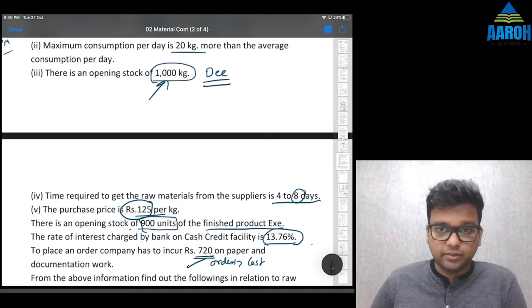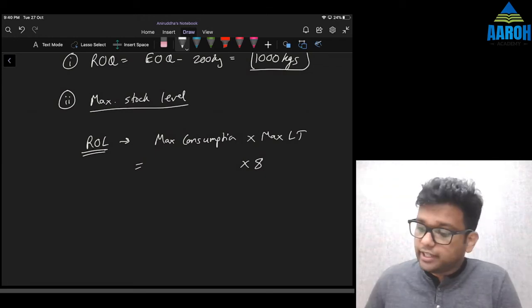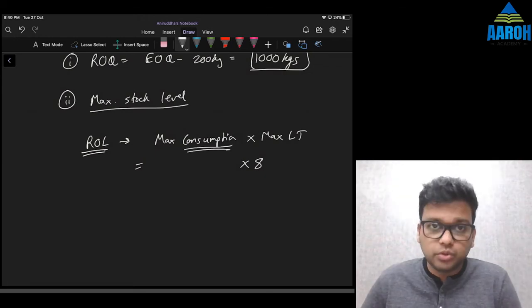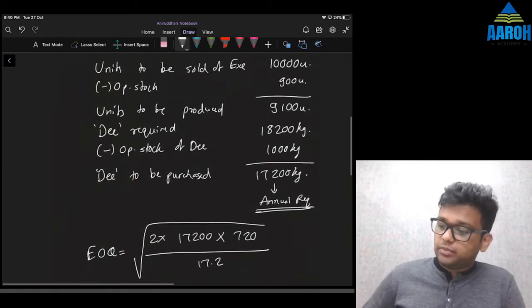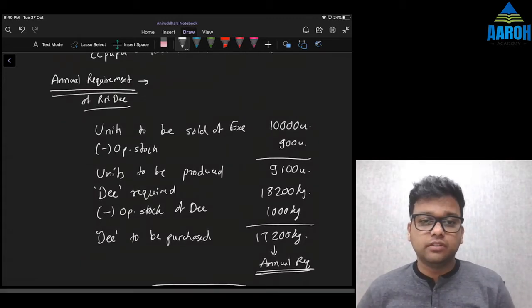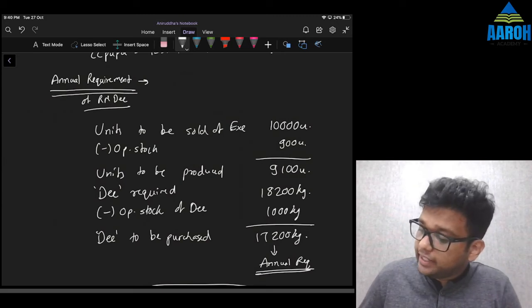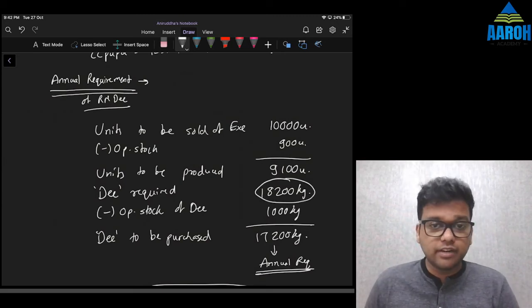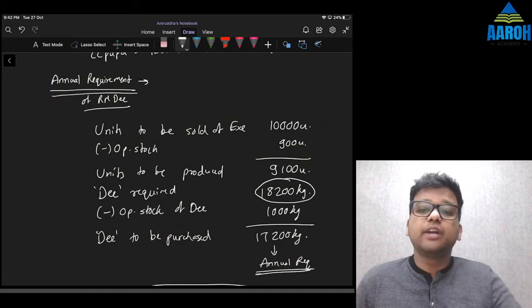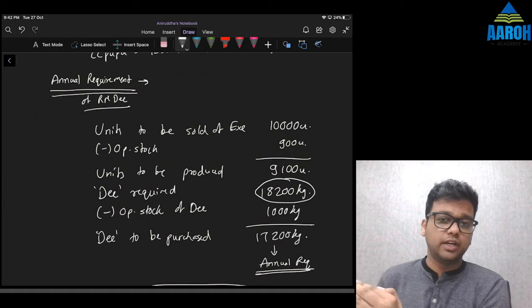Now understand very carefully. How much raw material is to be consumed during the year? Consumed means used. See from this table, how much raw material is to be consumed. It is not 17,200. We are going to consume 18,200 raw material. 17,200 we are going to purchase, but we are going to consume, that is use, 18,200.